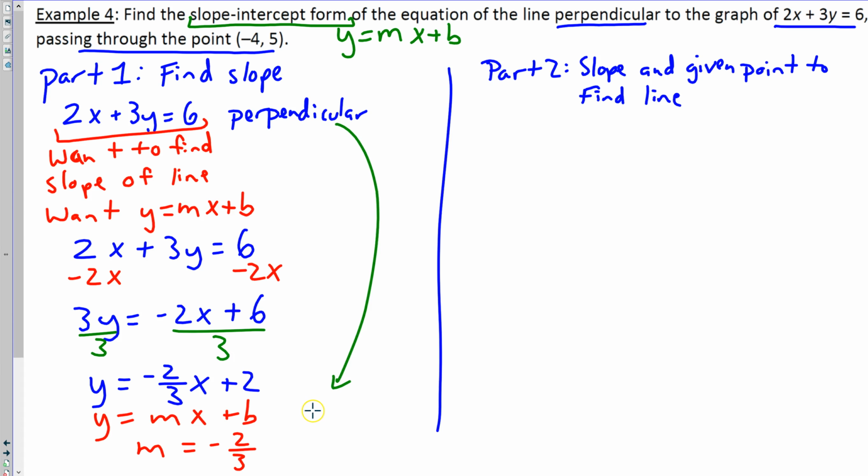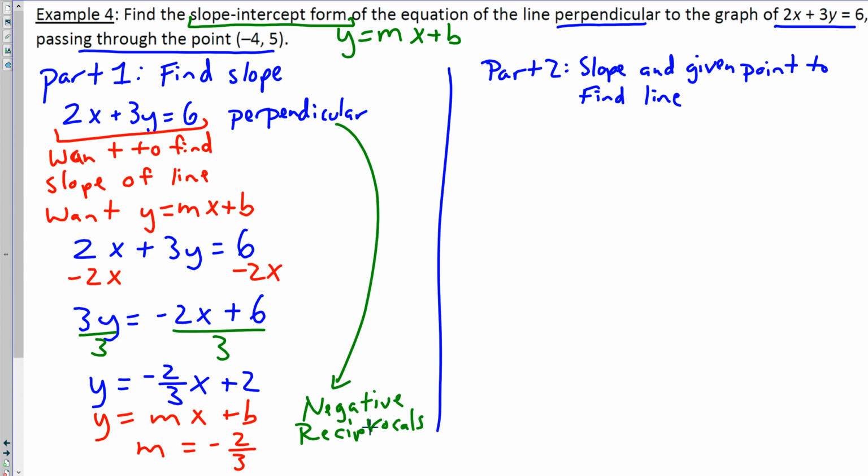They asked for perpendicular. And perpendicular lines also have a relationship in their slopes, and that's that the slopes are negative reciprocals. So what does that mean? That means that my negative 2/3 really isn't my slope. I need to get its negative reciprocal.